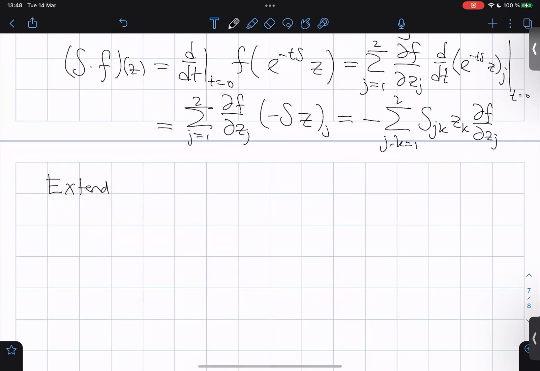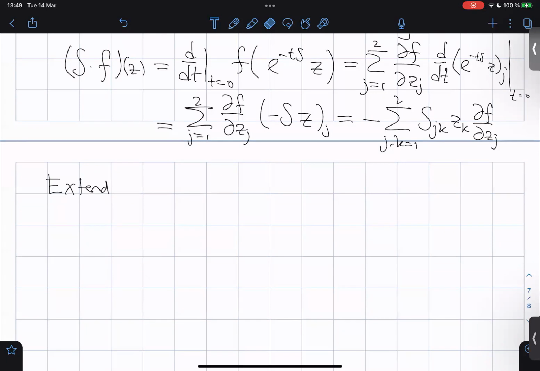We can always do this because, given any representation of a real Lie algebra taking values in GL of a complex vector space, there's a unique extension to a representation of the complexified object.